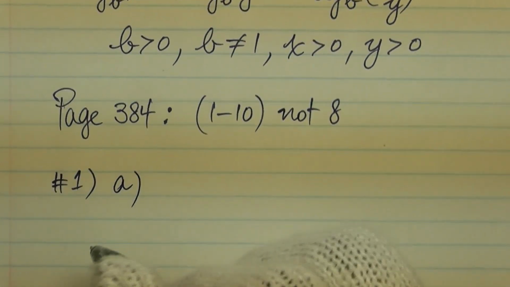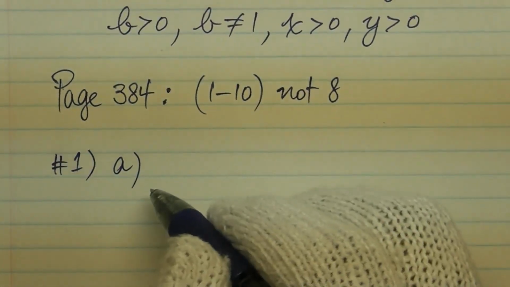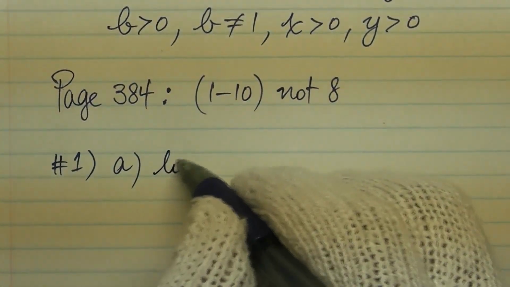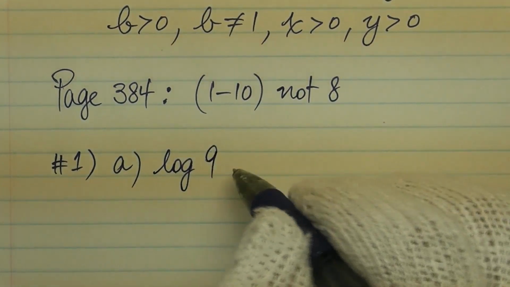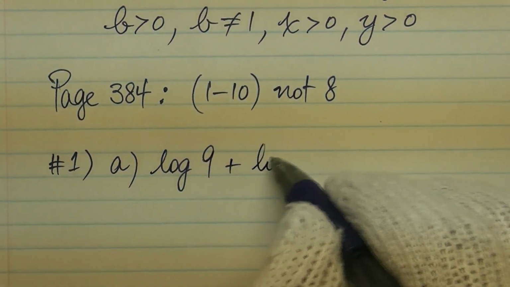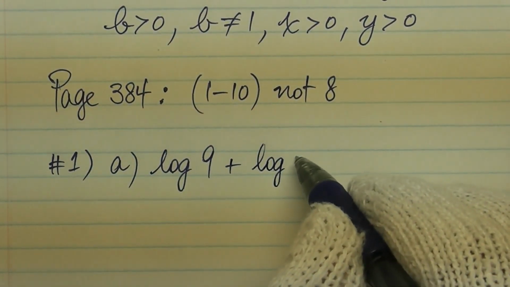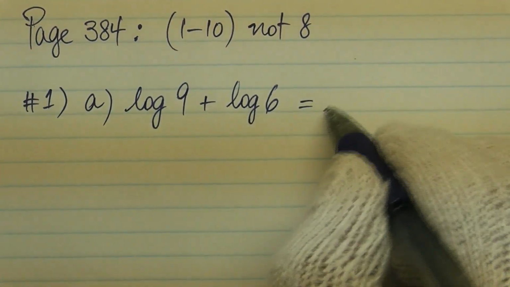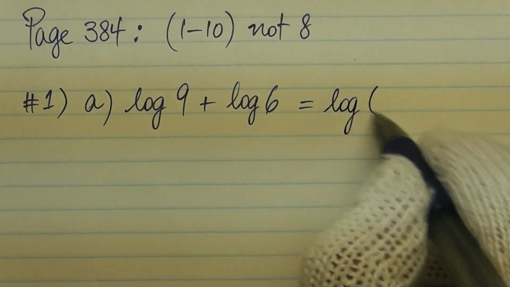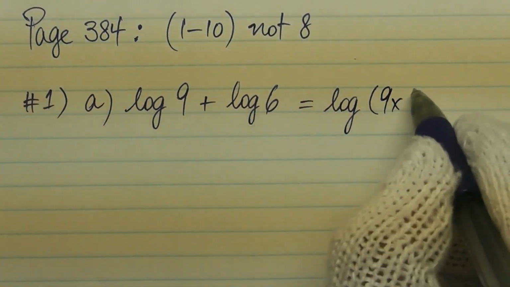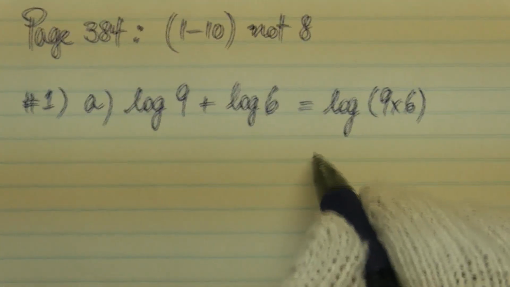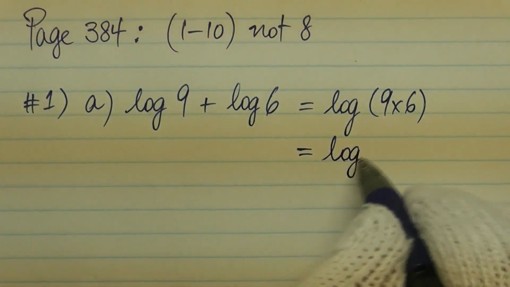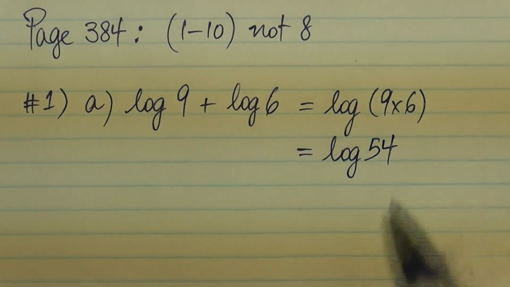Number 1. They want us to simplify using the laws of logs. This is just going to be the log of 9 times 6, so the log of 54.